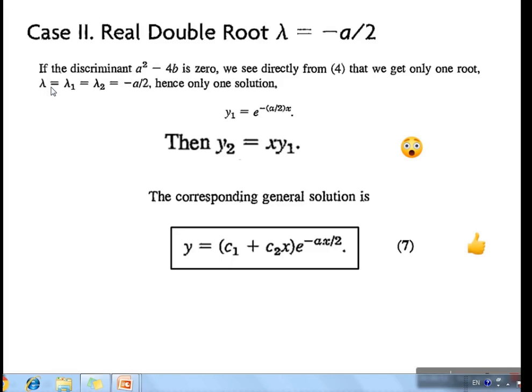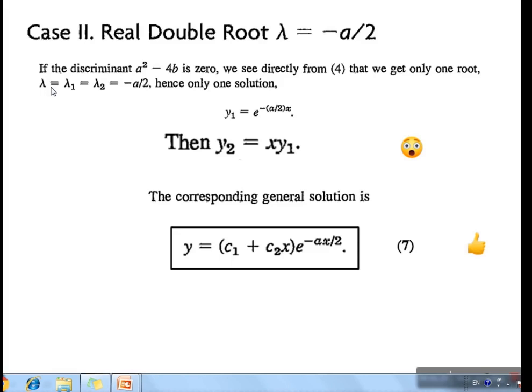Hence, there is just one solution, y1 equal to e to the power lambda x, and lambda, as I said before, is equal to minus a over 2. What about y2? There must be another solution.